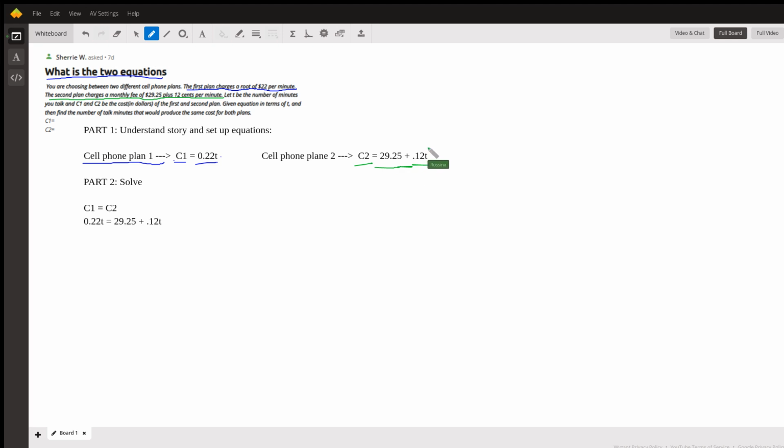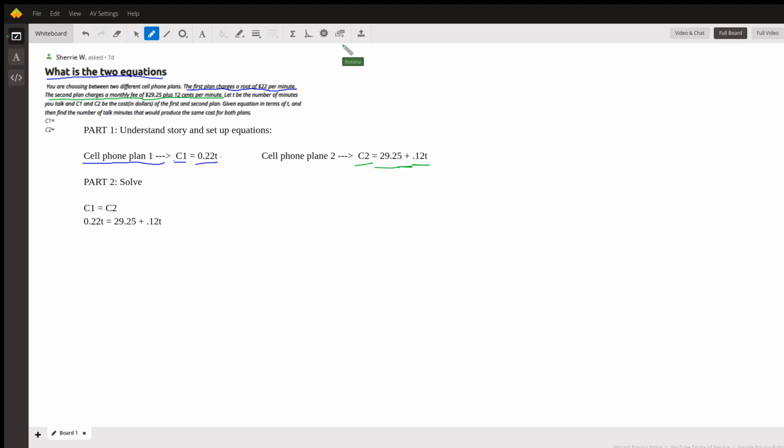And again, this 12 cents per minute is the same discussion as the 22 cents per minute, so I won't get into that. You just multiply how many minutes you use times the cost, which is 12 cents. And there you have your two equations. If that didn't make sense, go back, watch from the beginning, and see if you can understand this concept of how we set up our equations.